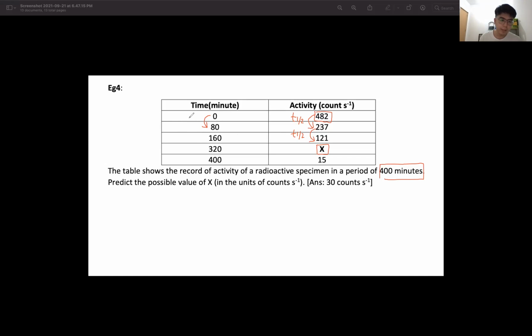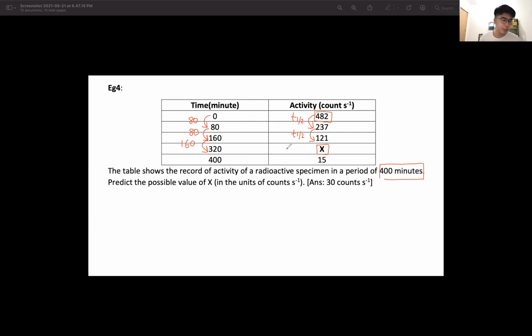This is an 80 minute difference, and 80 to 160, that is also 80 minutes. 160 to 320. How many minutes are between 160 and 320? That is 160 minutes, right? That means from 160 to 320, there are 2 half-lives. Because sometimes they give it like this, suddenly they jump from 80 to 160. So you can split it into 2 half-lives.